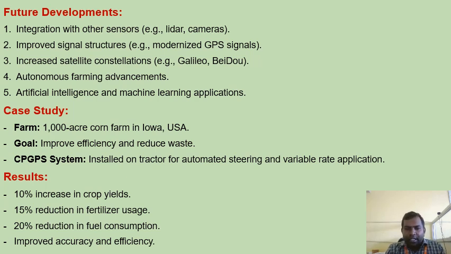A 1,000 acre corn farm in Iowa, USA implemented the carrier-based GPS process to improve efficiency and reduce waste. The carrier-based GPS system was installed on the tractor for automated steering and variable rate application.